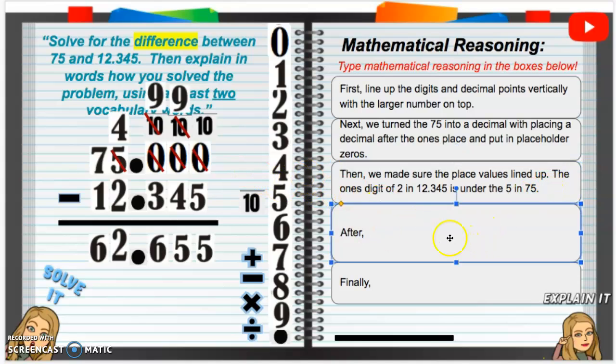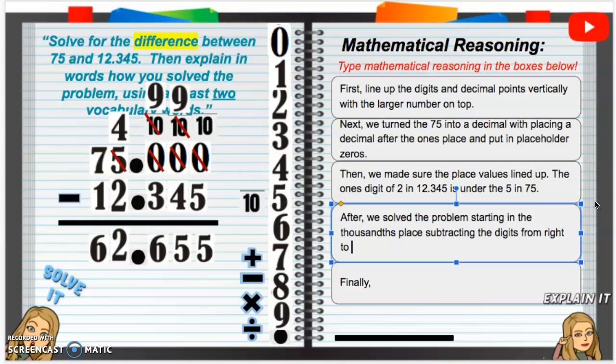After we did that, we started to solve it. So after we solved the problem, starting in the thousandths place, make sure you have that TH because it was in the decimals, subtracting the digits from right to left, regrouping as needed.